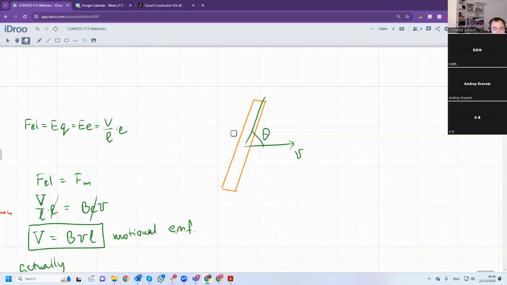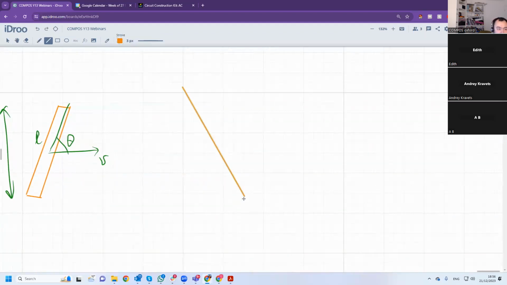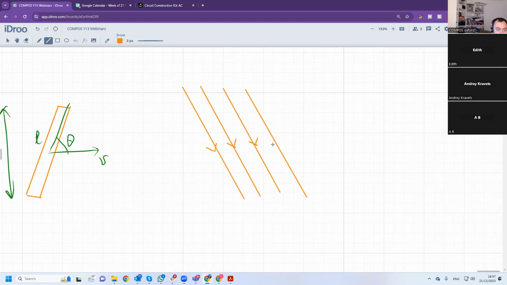If there's an angle between the field, like this, the field is going like this, and the rod is moving like this, then it would be the angle between the velocity and the field.